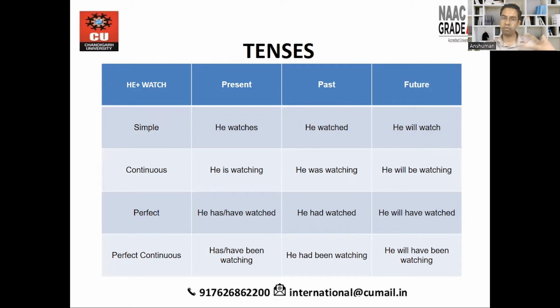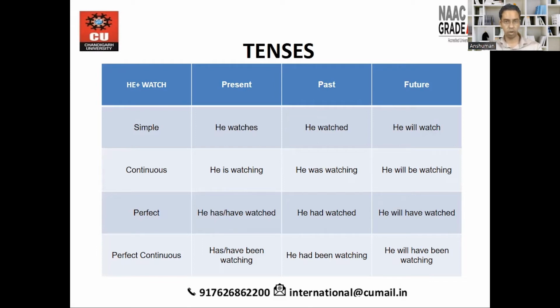If I talk about perfect tense, okay, what happens in perfect? Perfect tense means that at the time of speaking, something has been completely done. It is not going further, any action. That is known as present perfect. For example, he has watched a match, or he along with his friends have watched the match.